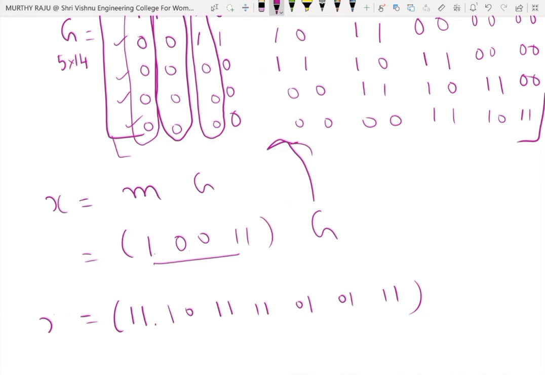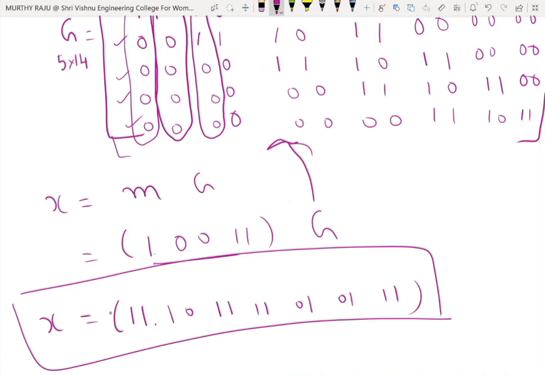This is the X, the output of the convolutional encoder. These are X1, X2, X1, X2, X1, X2, two outputs X1, X2.